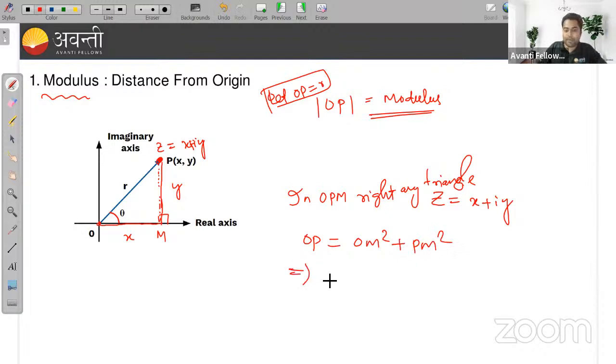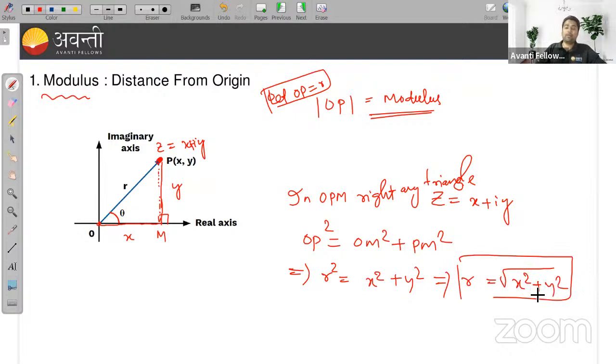So r square is equal to x square plus y square. That means r is equal to under root of x square plus y square.